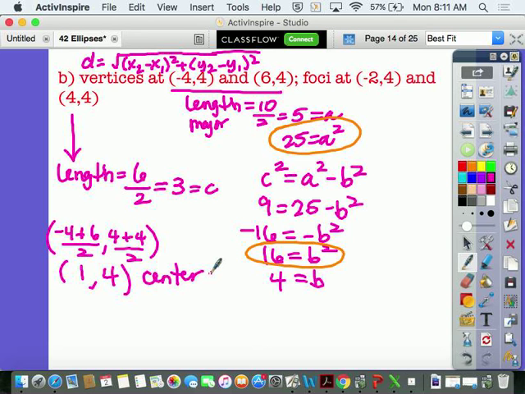Now we have all of our information to write our equation. But is this a horizontal major axis or a vertical major axis? Well, when you look at the vertices, which again are at the endpoints of our major axes, since our x's change and our y's stay the same, that lets us know that it's going to be a horizontal major axis, which means that our A squared is going to go underneath our x's.